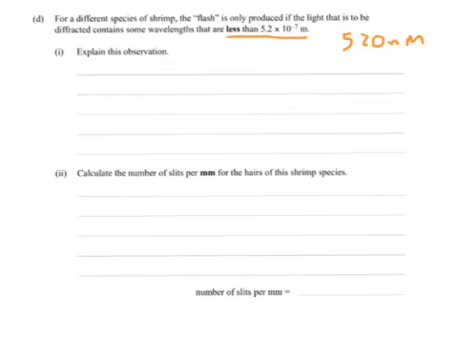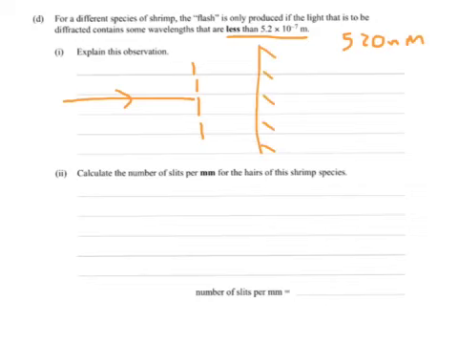So anyway, that's irrelevant. We're explaining this observation that any wavelengths more than 5.2 times 10 to the minus 7 meters are not observed, and that's because of the angle. If you remember, you've got light coming in, you've got a diffraction grating, and the light is observed on a screen of some description.